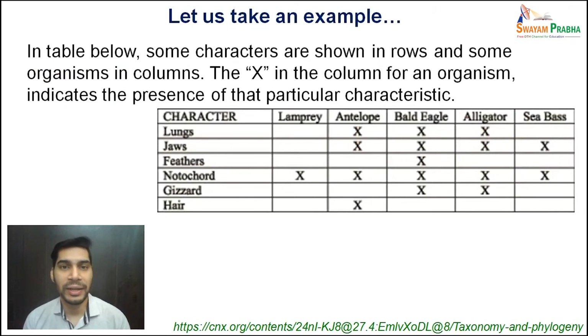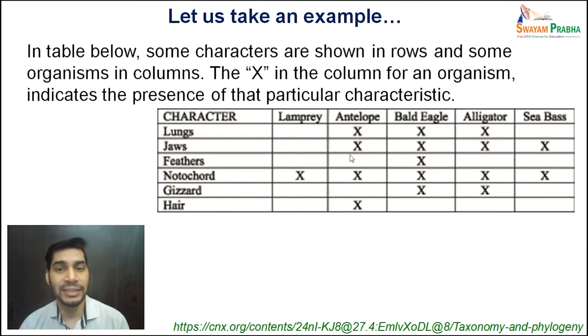Let us try to understand these phylogenetic trees with an example. In this table, some characters are shown here in the rows, and in the columns there are different organisms: lamprey, antelope, bald eagle, alligator and the sea bass.